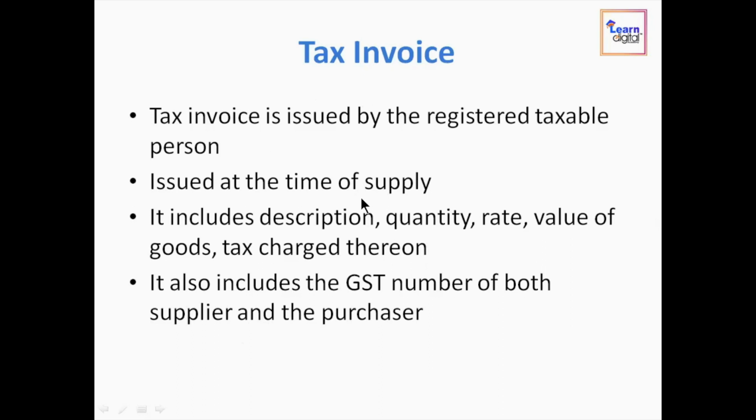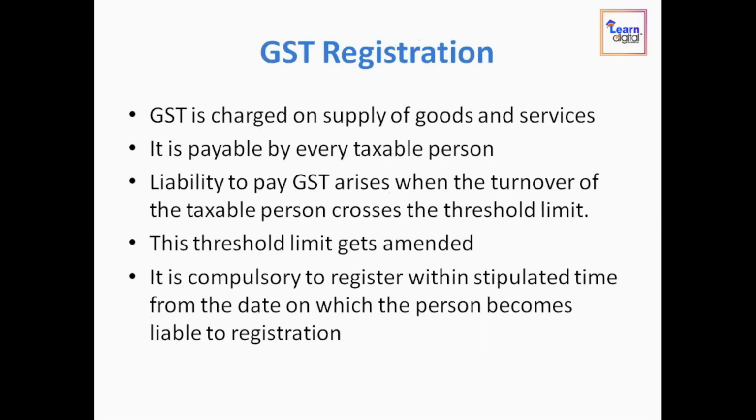So the tax invoice is very important, and it should include all these things. Even in Tally, we issue tax invoices. We can create tax invoices which can be uploaded to the GST portal directly.